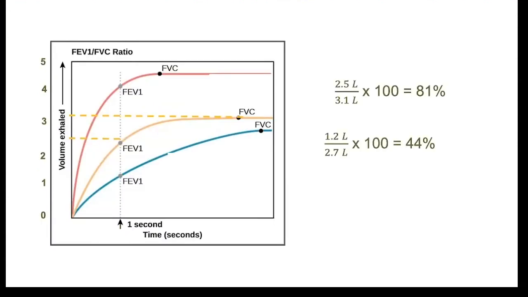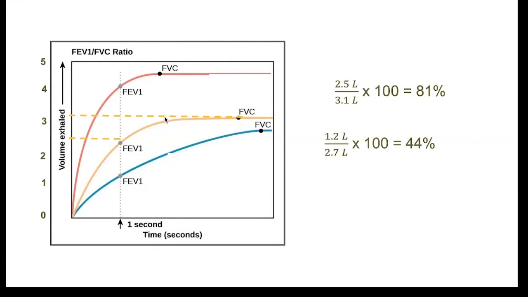Time for application. In this barograph, we have 3 readings. On the x-axis, you have time in seconds, and this is the 1 second point. On the y-axis, you're going to have volume in liters. Let's begin with the yellow reading.